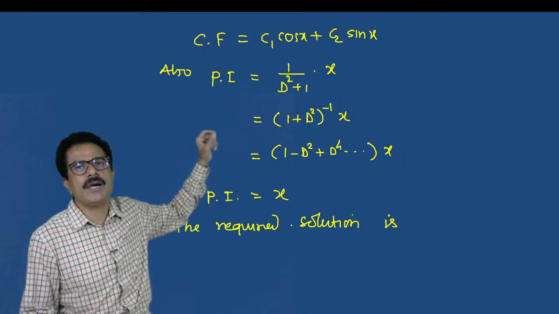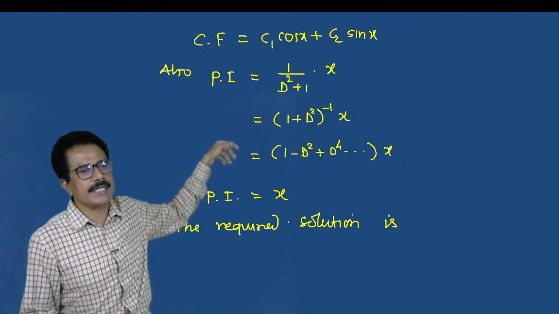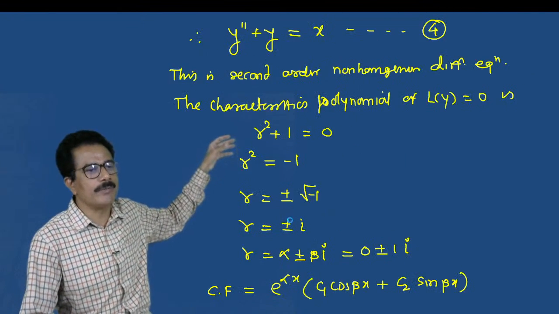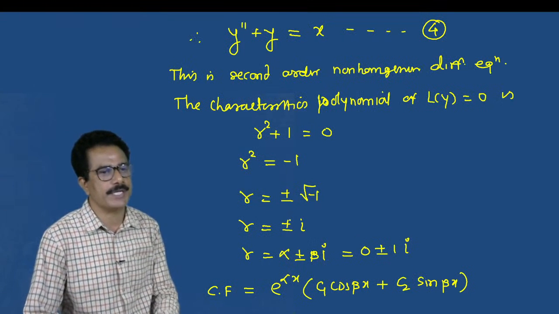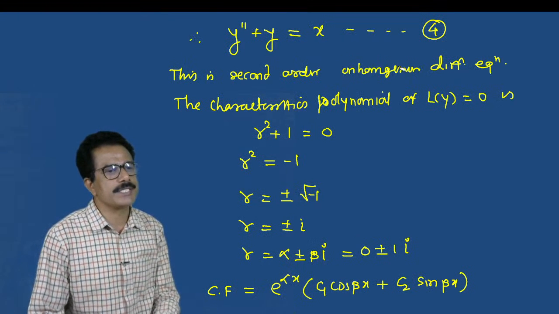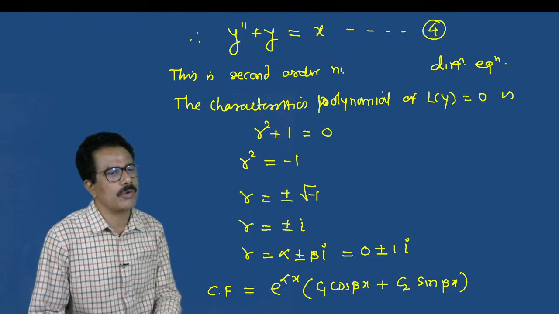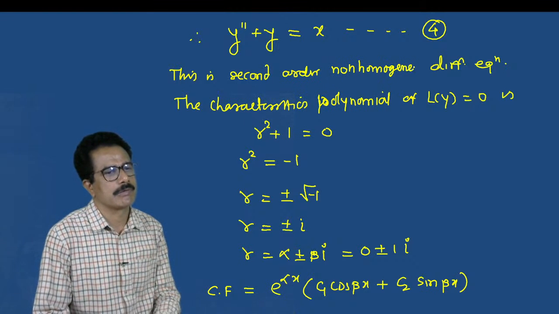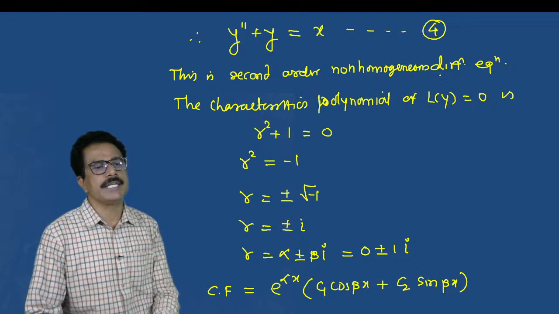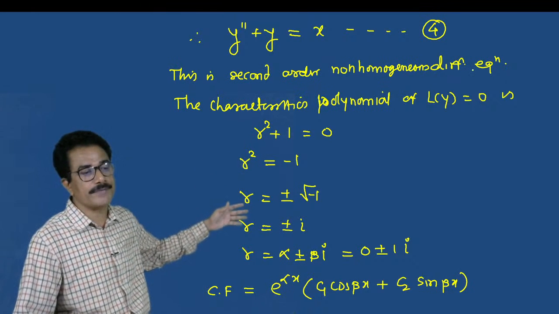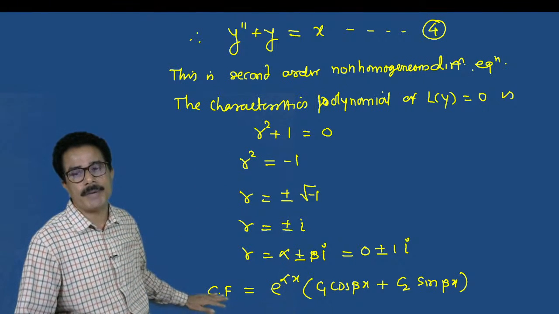In M.Sc. first year, in ordinary differential equations, this is how to solve the homogeneous and non-homogeneous equation. This is a non-homogeneous differential equation, so we have to solve it in two parts.